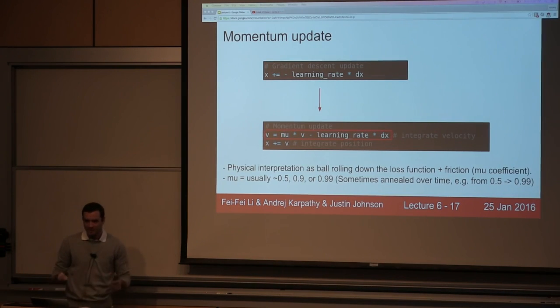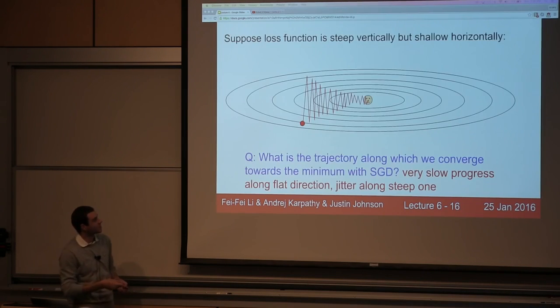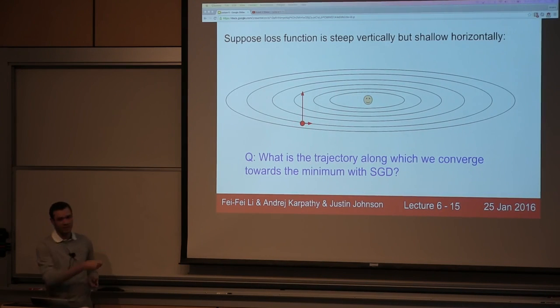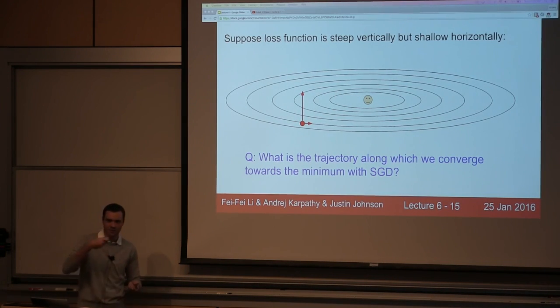What's nice about the momentum update is that you can interpret it in very physical terms. Using the momentum update corresponds to interpreting this as really a ball rolling around this landscape. The gradient in this case is the force that the particle is feeling. But instead of directly integrating the position with this force, F equals ma in physics, so force is equivalent to acceleration there.